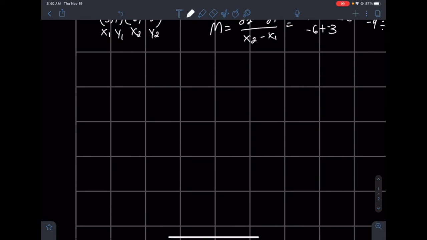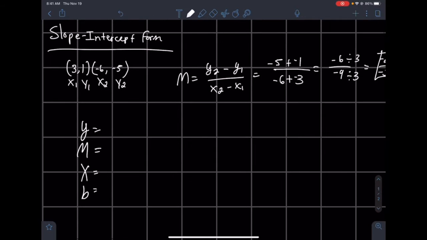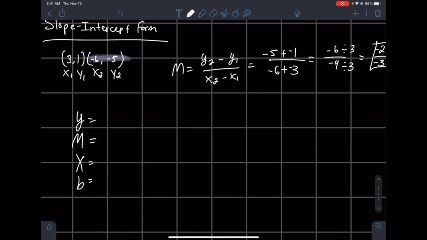So you're going to make your line of numbers, I guess. Y, m, x, b. And I'm going to go with this one. So my y is negative 5.